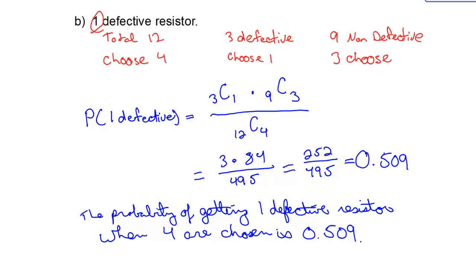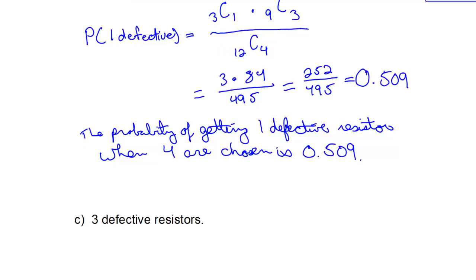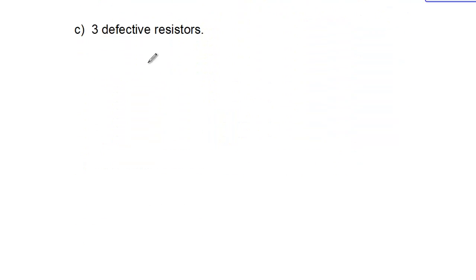Okay, one more using the same problem. This time we're going to get 3 defective resistors. So again, we have a total of 12, and we're going to choose 4. We had 3 defective and 9 non-defective.